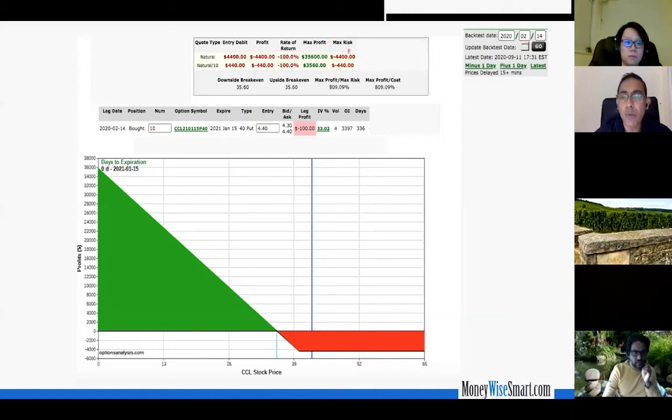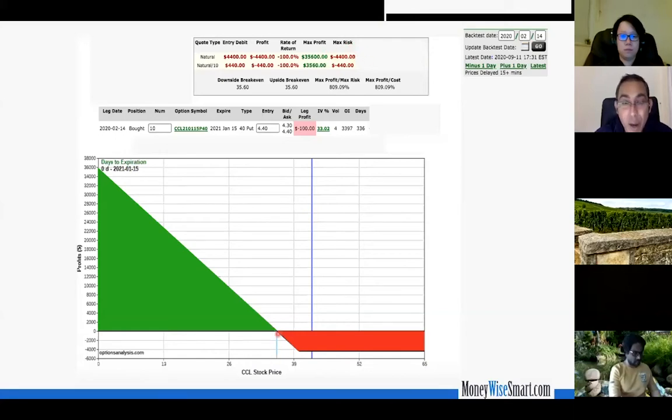So $4,400 is what I spent in purchasing this put option, or it's kind of an insurance policy, and that is the maximum amount that I can lose. So what can possibly happen? Let's say the COVID situation does not get worse and Carnival Corporation share price goes up. Then the maximum loss is $4,400.